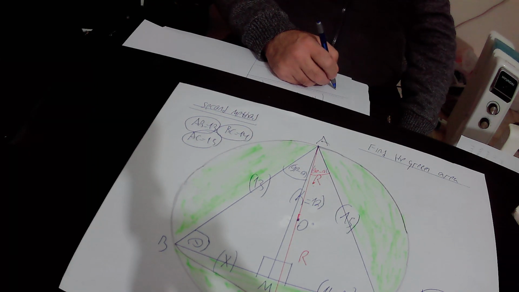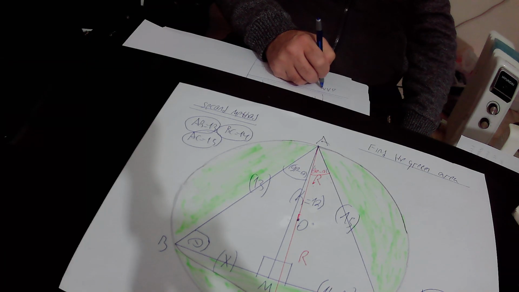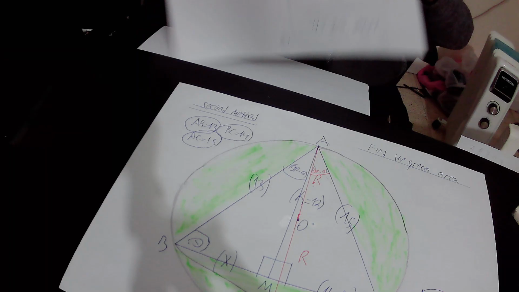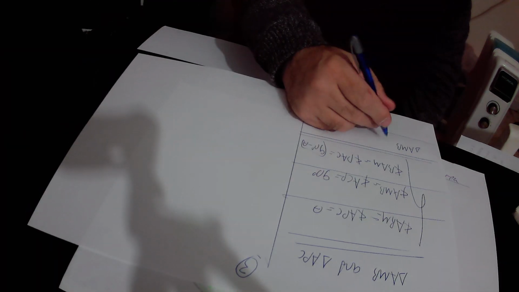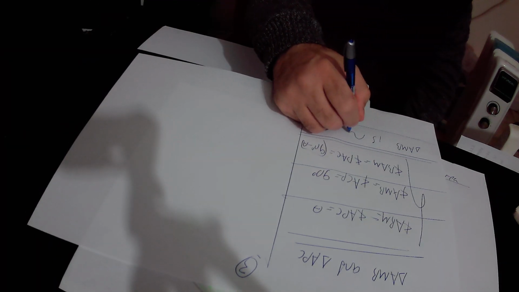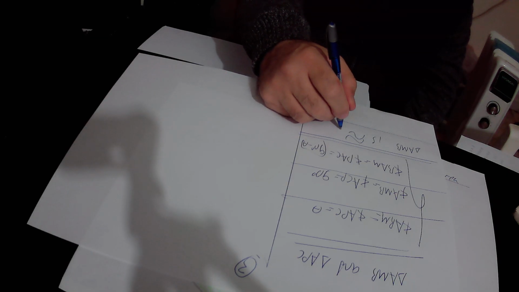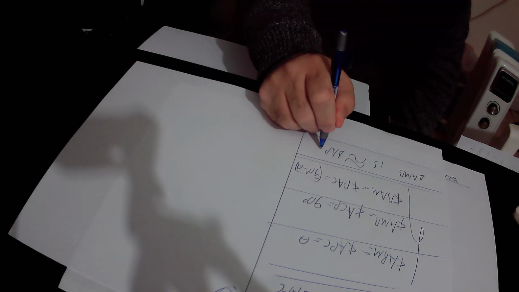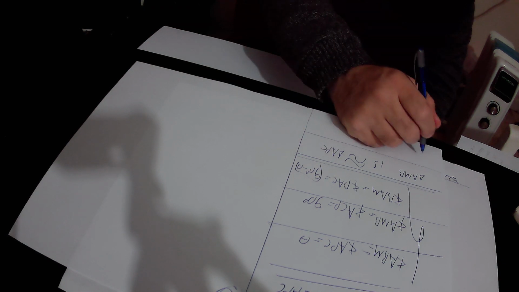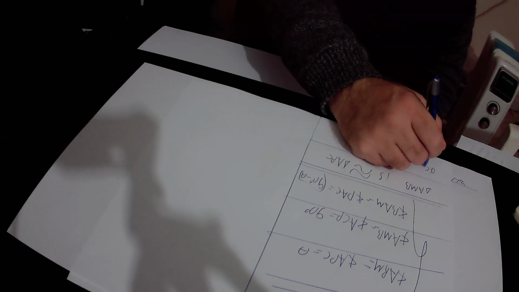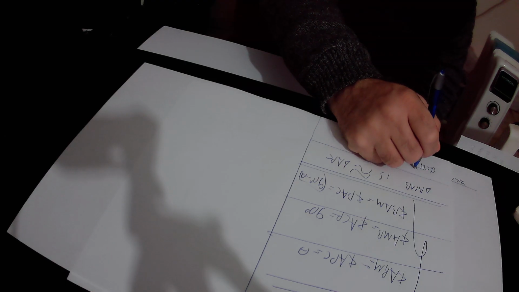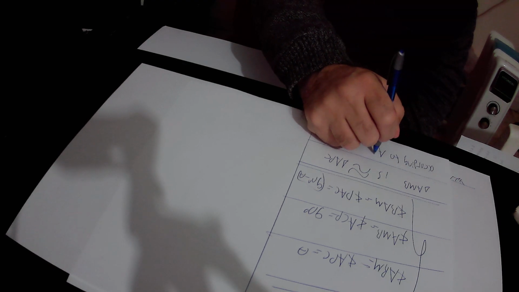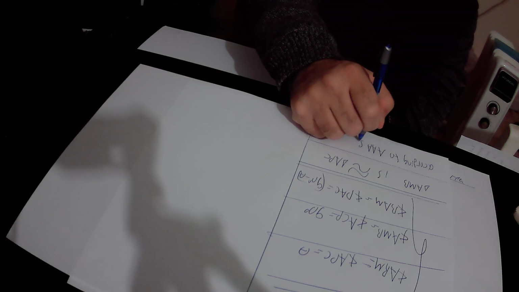We proved that the right triangle, triangle AMB, is similar, this is the sign of similar, to the right triangle, triangle APC, according to angle similarity rule.